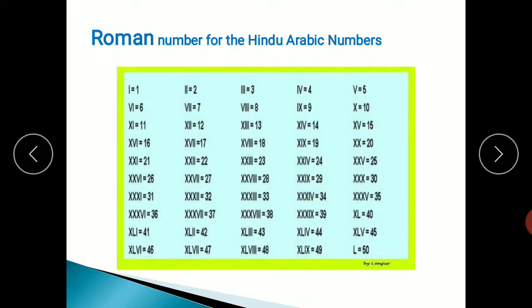5 is written as V. Then the second rule, what does it say?